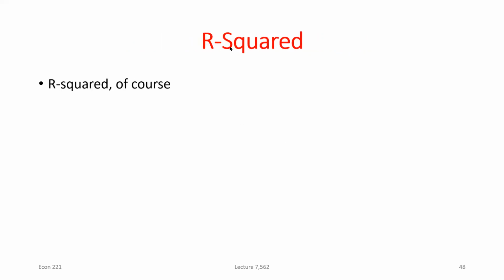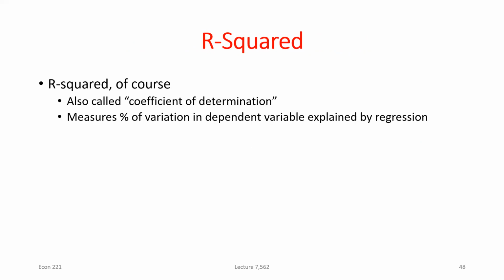The other statistic that we're going to discuss a little bit is R-squared, right? So R-squared is going to be a measure of how much of the variation in our Y variable we are able to explain with the independent, or those X variables that we've included on the right-hand side.